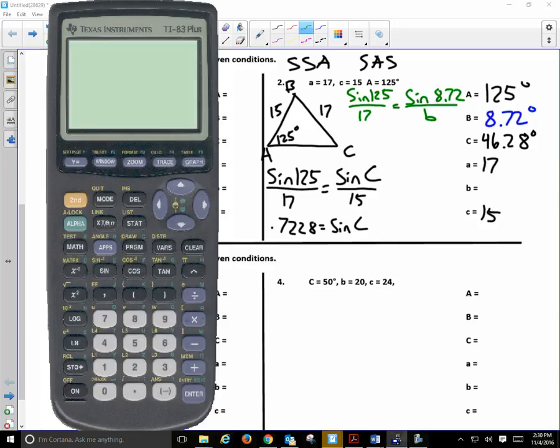We cross multiply. 17 sine of 8.72 divided by sine of 125. 3.15. Please round your answers to the nearest hundredth.